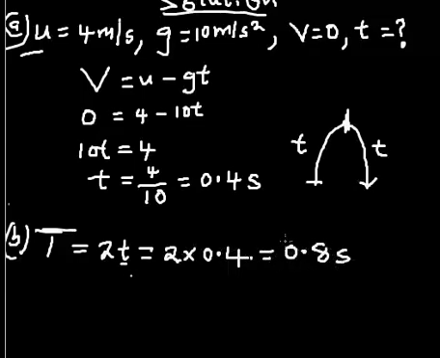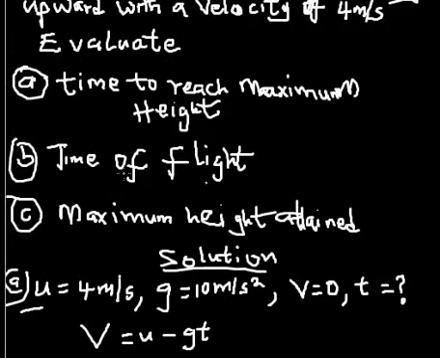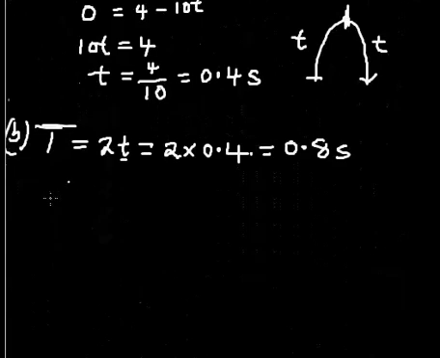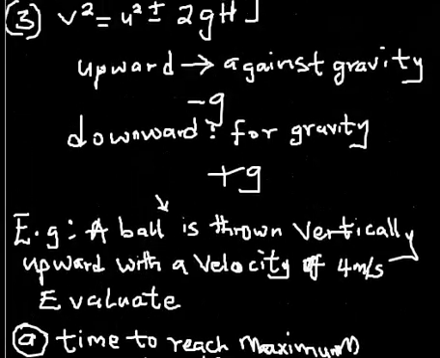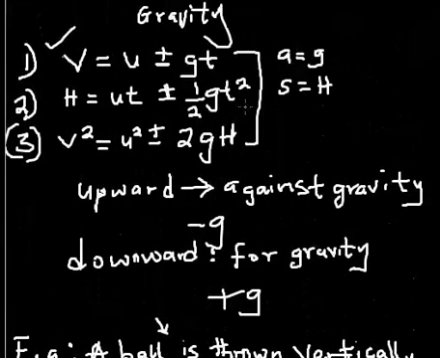Then finally we are being asked to find the maximum height. So I have an unknown parameter now, which of course is the maximum height. Which equation helps me with the maximum height, based on the prevailing parameters, owing to the fact that I know my u and of course I know my t?